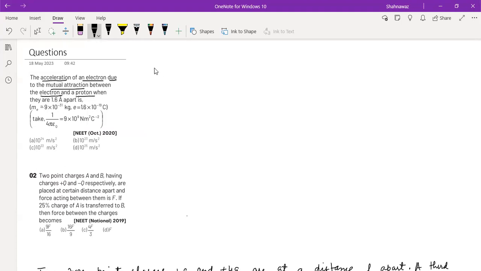The charges are given: Q1 is the electron, which is minus E, and Q2 is the proton. These are the two charges, and the separation is given as 1.6 angstrom. So what is this in SI units? 1 angstrom is how much?